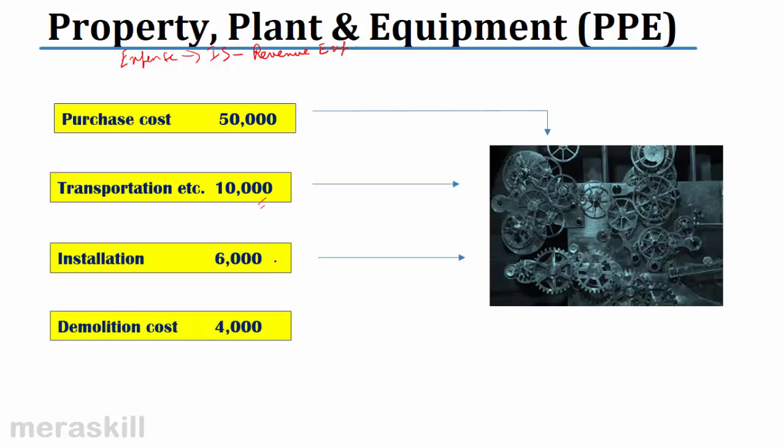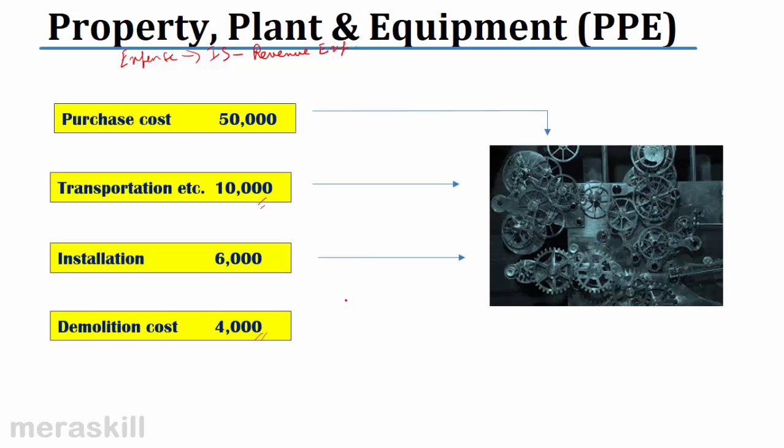Let us take another interesting cost, demolition cost. Let us say that in the area where I am going to install this machinery, there is a structure. Unless I remove that structure, I cannot install my machinery. So I get a team to demolish this structure and it costs me another $4,000.